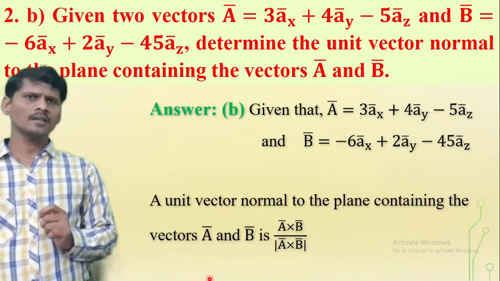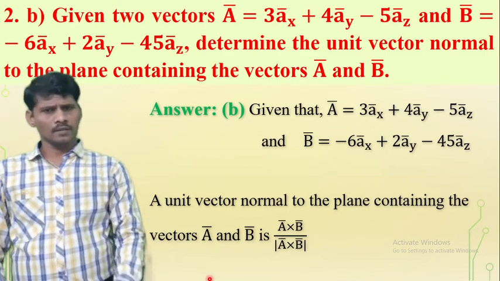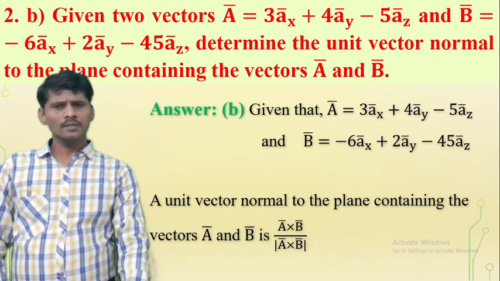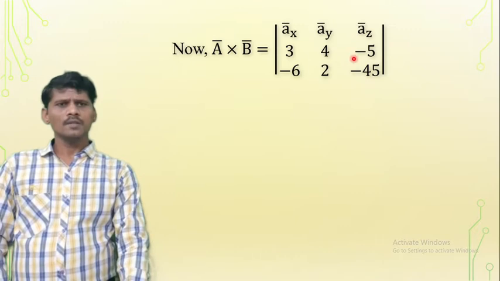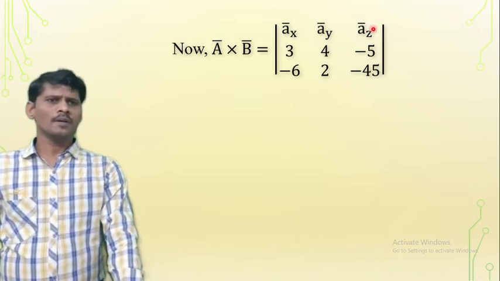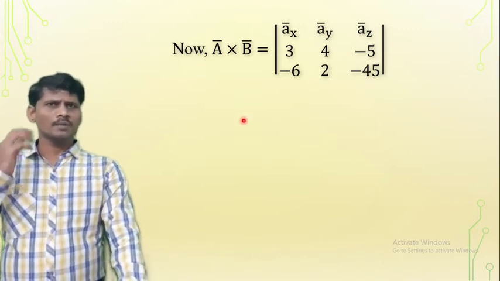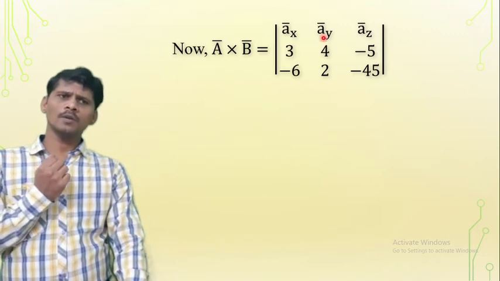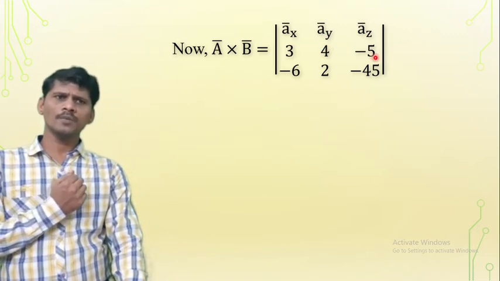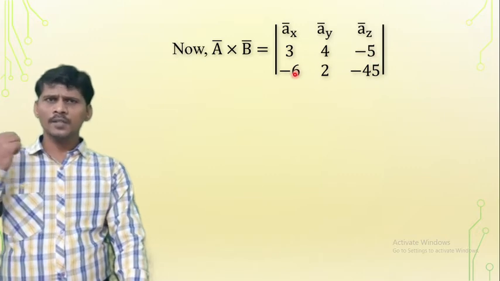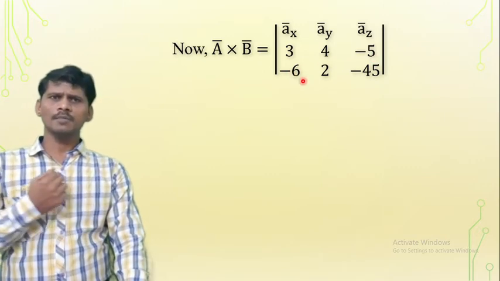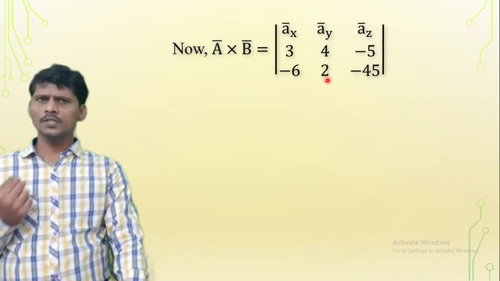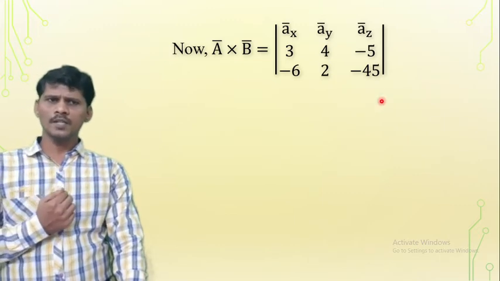So first, calculate A bar cross B bar, with a_x bar, a_y bar and a_z bar. From the given data, the vector A bar has a_x component 3, a_y component 4, a_z component minus 5, and the vector B bar has a_x component minus 6, a_y component 2, a_z component minus 45.